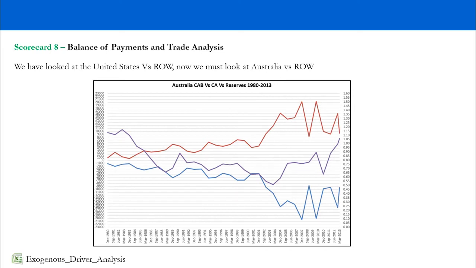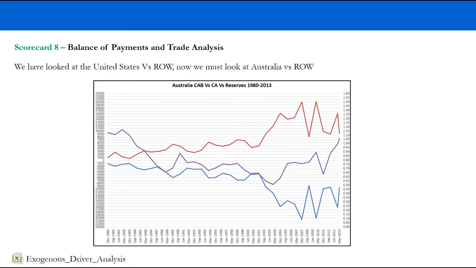Now we have to look at Australia versus the rest of the world, and specifically look at the debits and credits, or the money flow of the Australian dollar to and from Australia, to and from the rest of the world. The approach that we take with Australia is exactly the same.